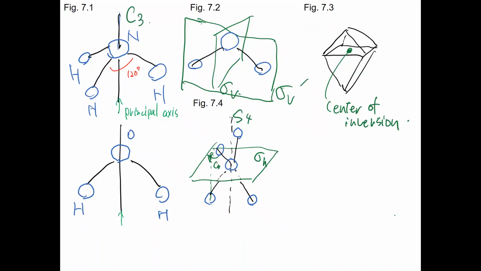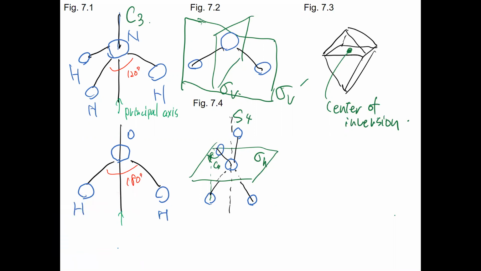And in the case of water, every 180-degree rotation around the principal axis, it's going to overlap. This angle can be given by 360 over 3 for this one, but in the case of water, 360 divided by 2, right?